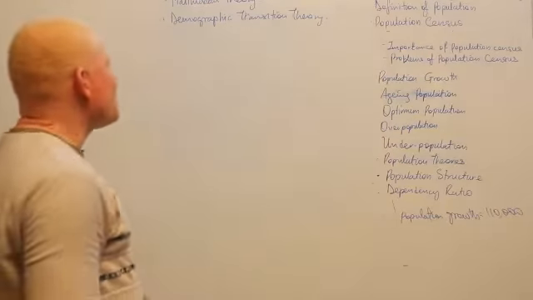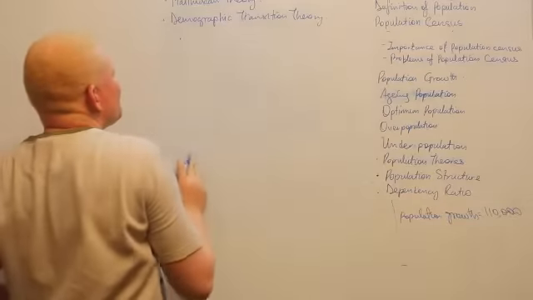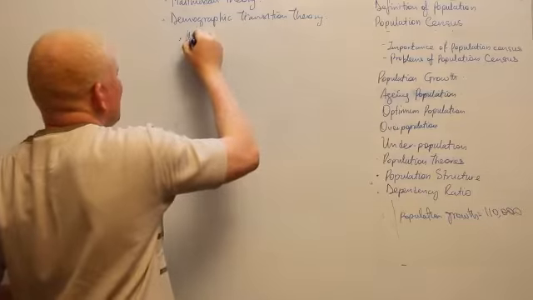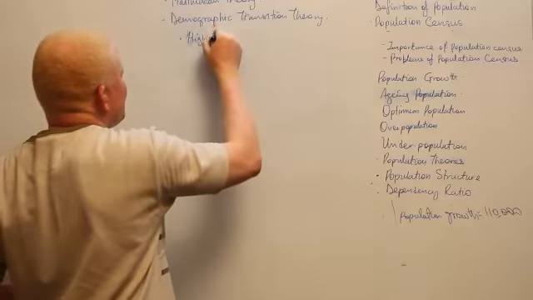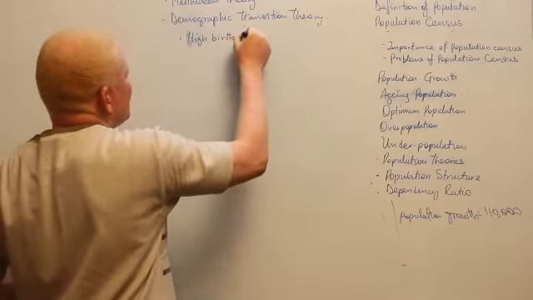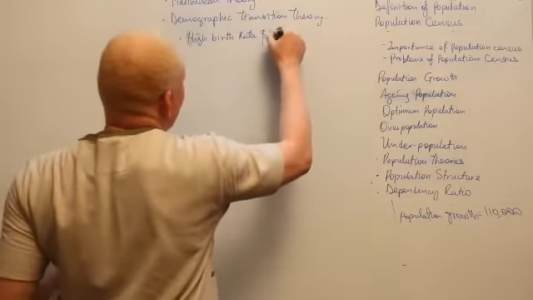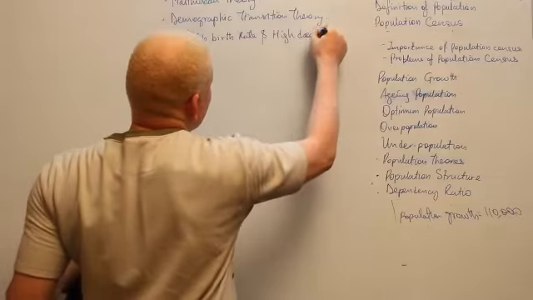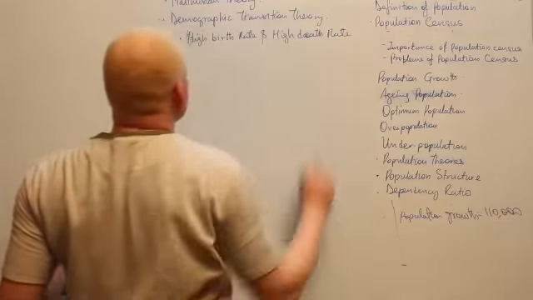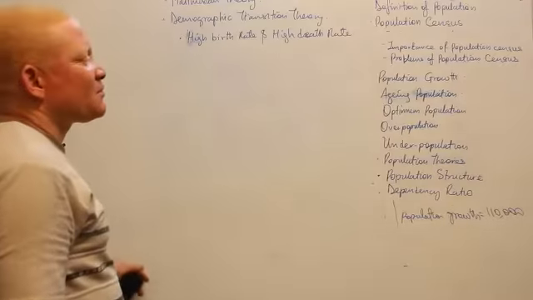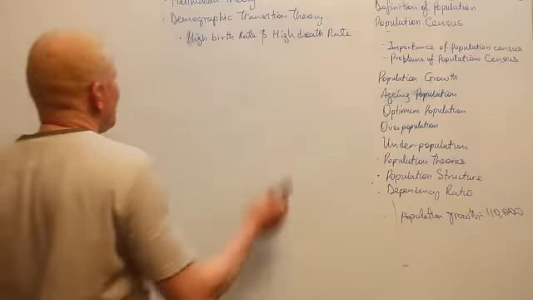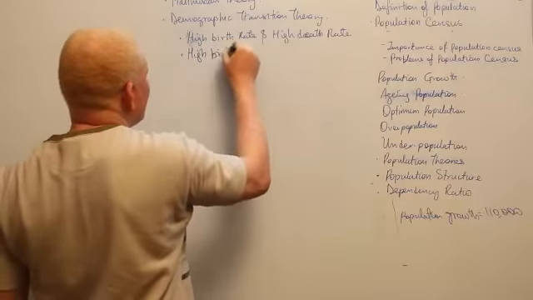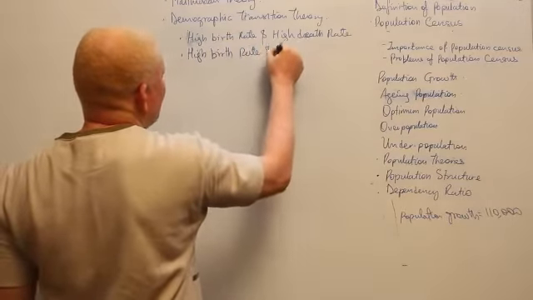Now, according to this theory, we had the first stage where we have high birth rate and high death rate. After a while, with medical facilities, we now have high birth rate and low death rate.